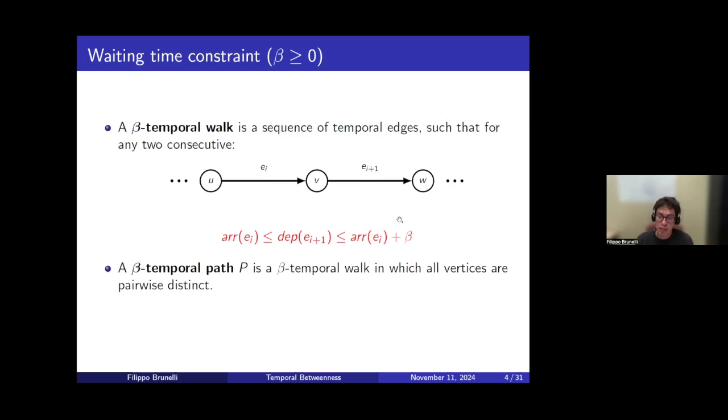So here is where the waiting time constraint comes into play. And a beta temporal path is a beta temporal walk in which all vertices are pairwise distinct.